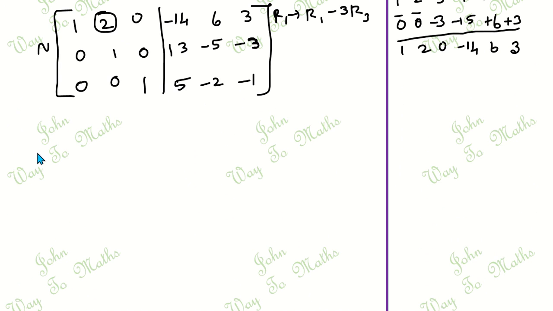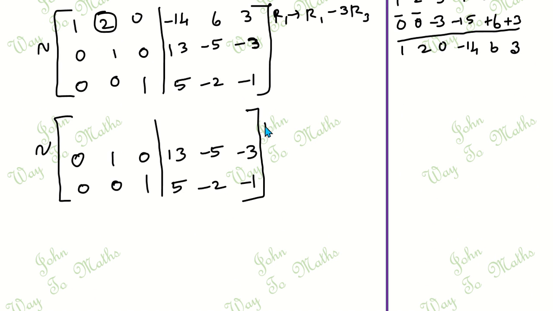Only the first row will be changed; the second and third rows stay safe. R1 can be written as R1 minus 2 times R2. R1 is 1 2 0 minus 14 6 3.